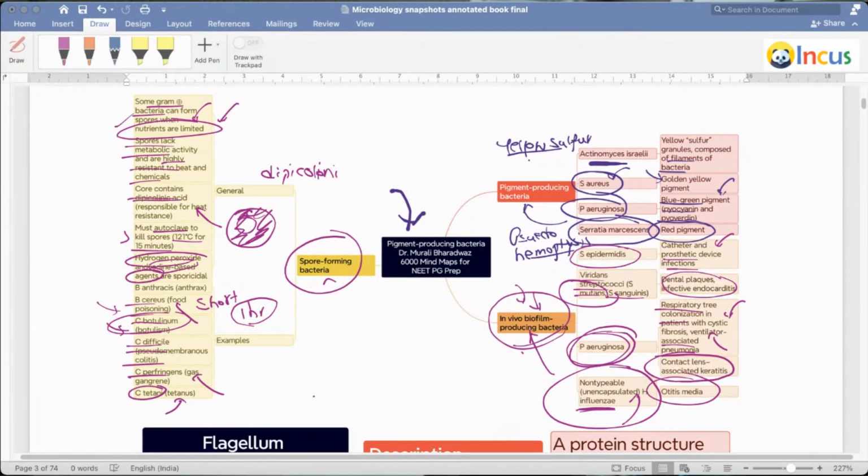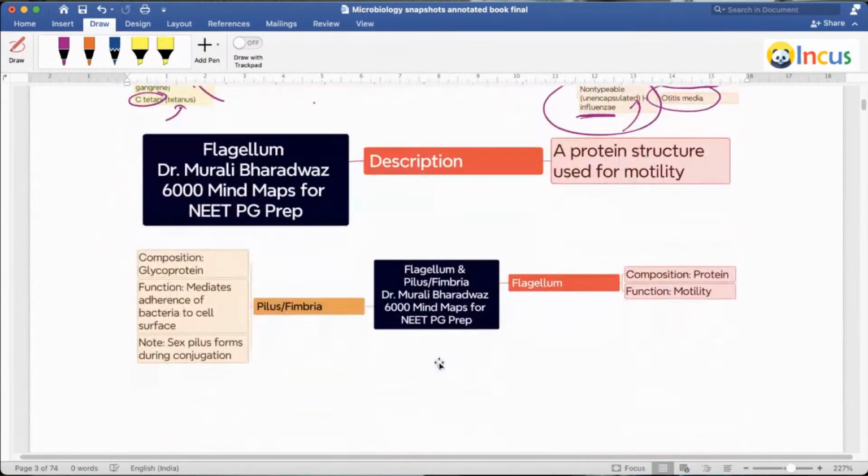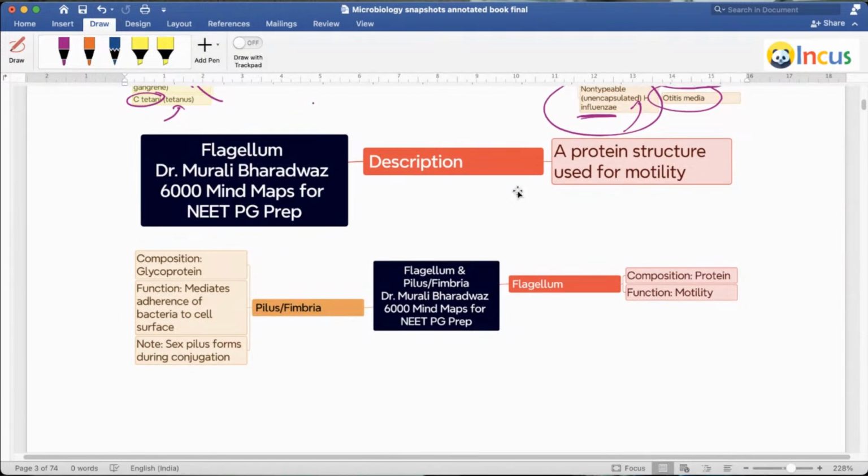Good. Now I'm once more going back to the focus on our mind map. Flagellum, what is it? Flagellum is a protein structure which is used for motility. All of you know.